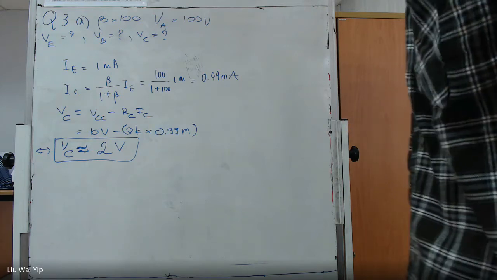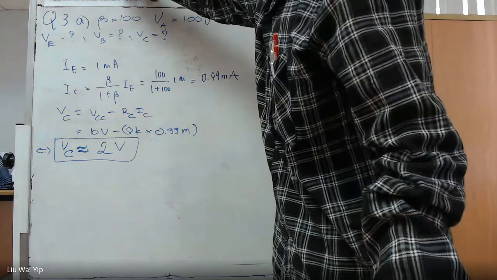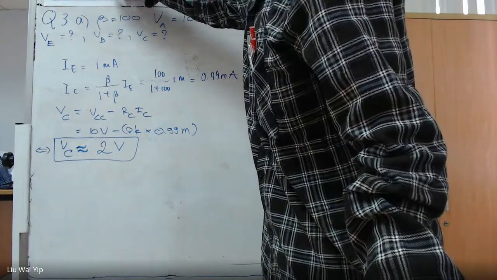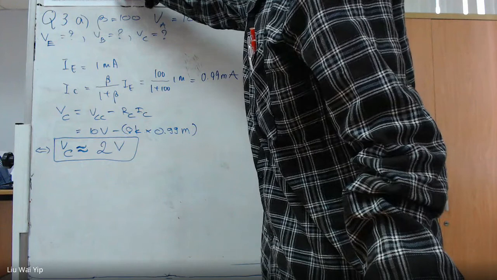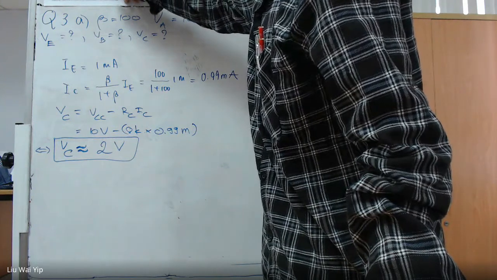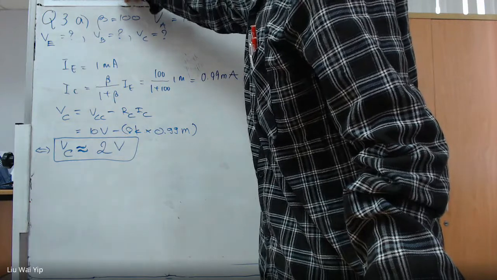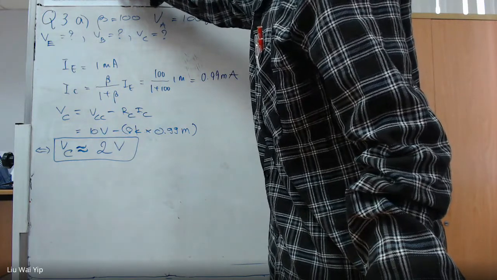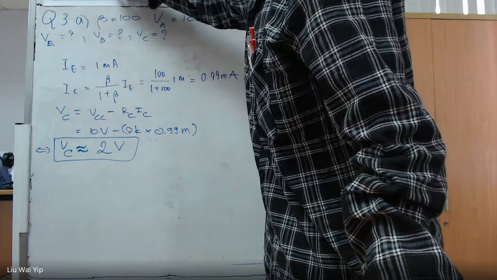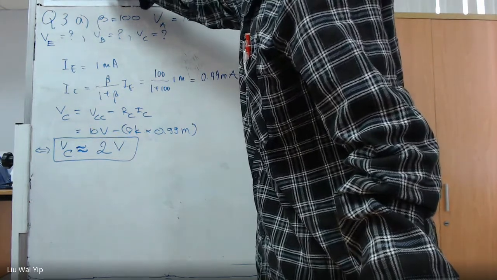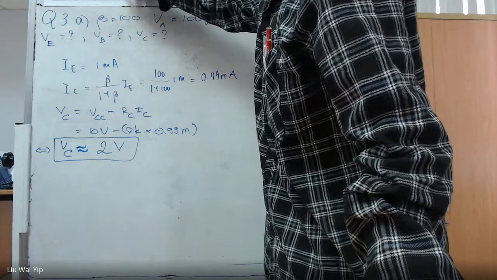Now you have already calculated the voltage here. In this circuit, first of all, if you are dealing with DC biasing, then the capacitor is going to be an open circuit.